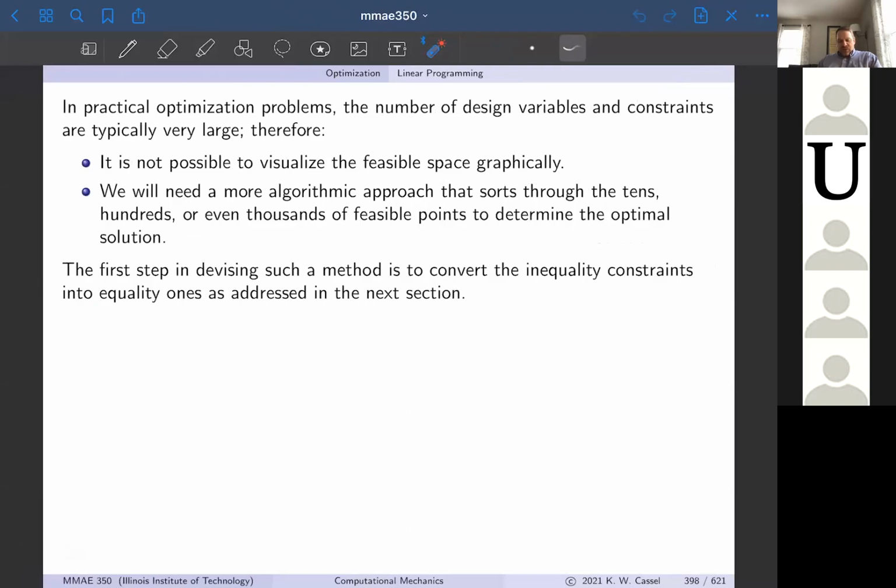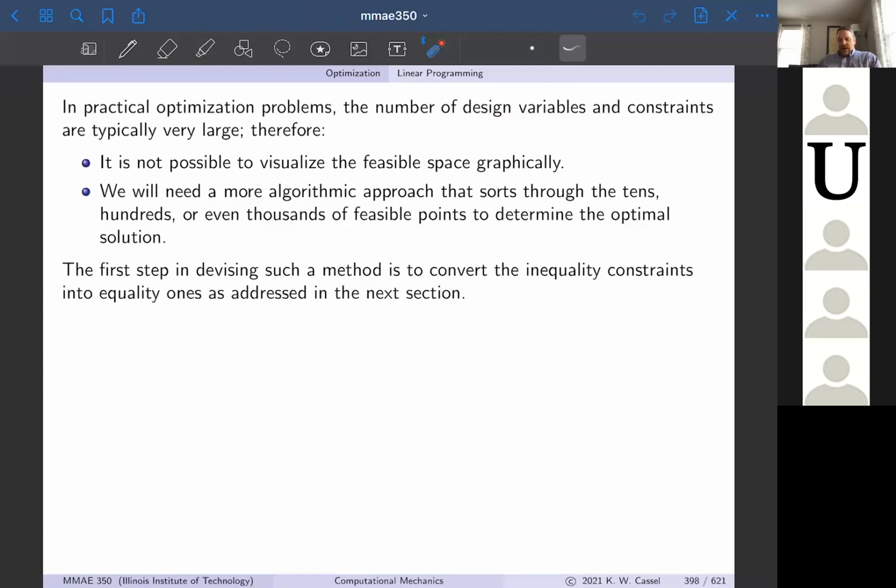So when we're solving practical optimization problems, and by that it just means optimization problems that you would see in industry or in larger scale settings where you're trying to solve real problems, the number of design variables, those are the X's, can get quite large. The number of constraints can also get quite large. They can be in the tens, the hundreds, the thousands, even the millions in some cases.